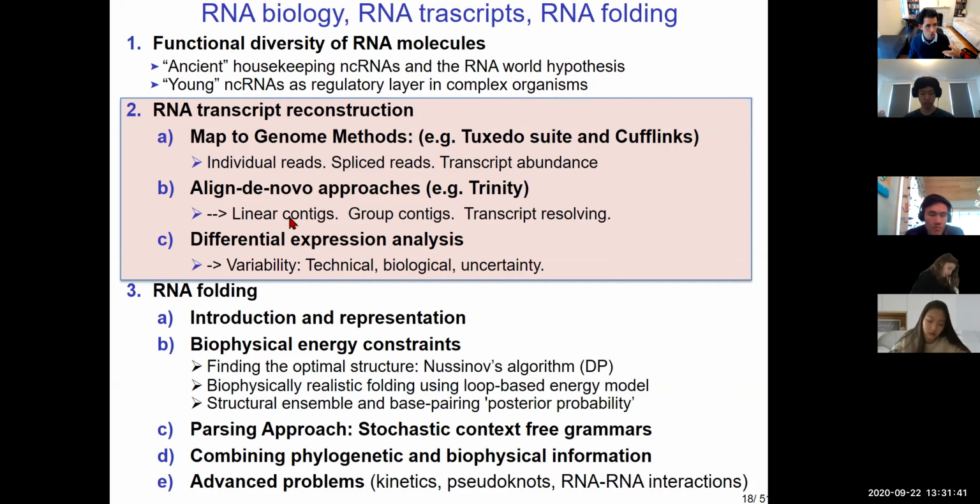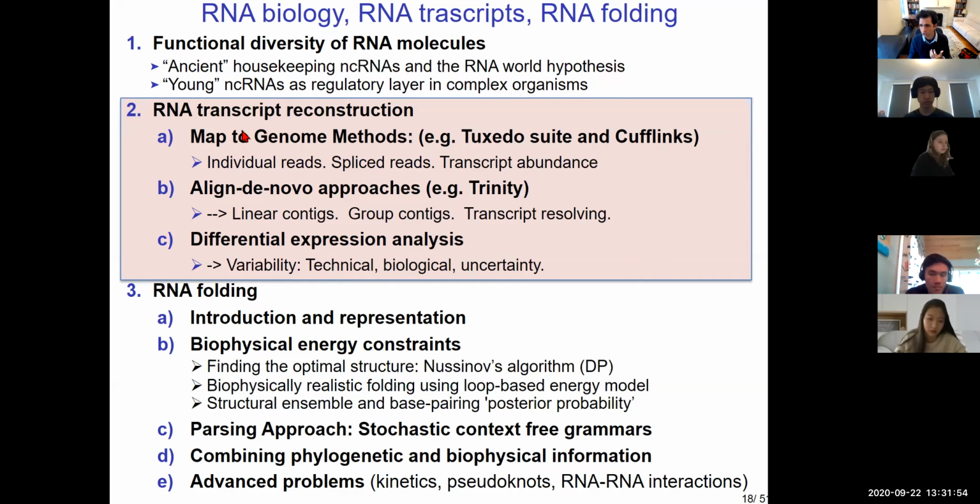So let's now switch to how we infer RNAs from the genome, and then how we fold RNAs into all those super cool structures. In the previous lecture, we saw how we can treat gene expression analysis, where we take the mRNA levels as a single value, with a vector of expression for every gene in a bunch of conditions.